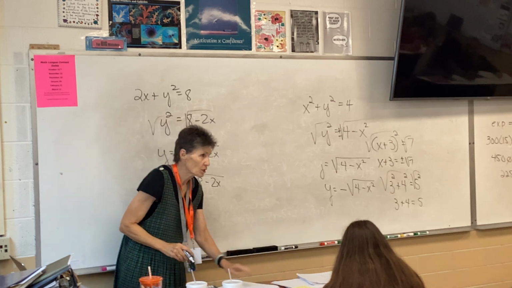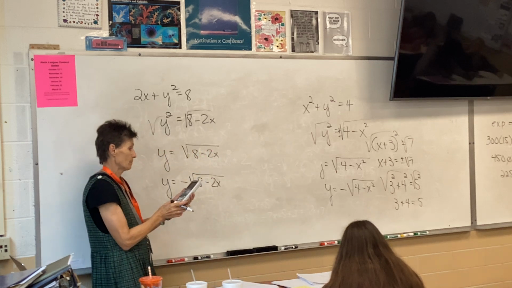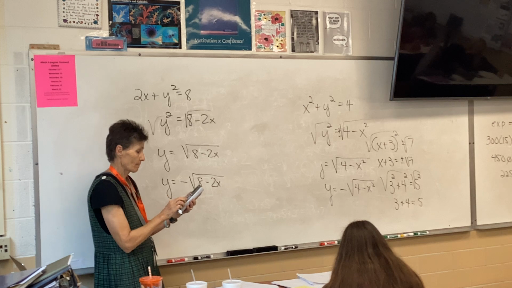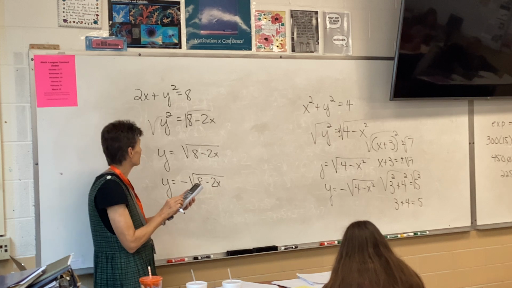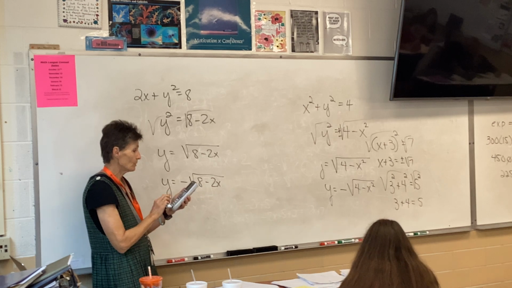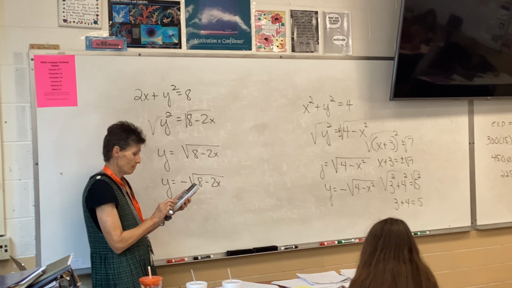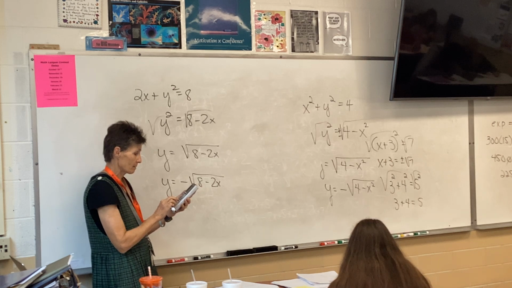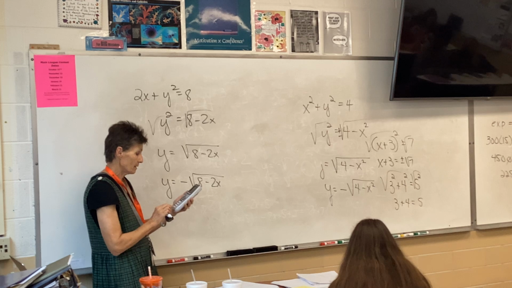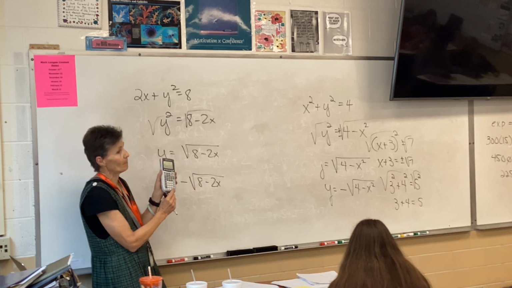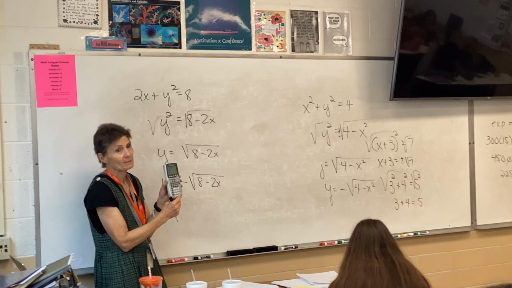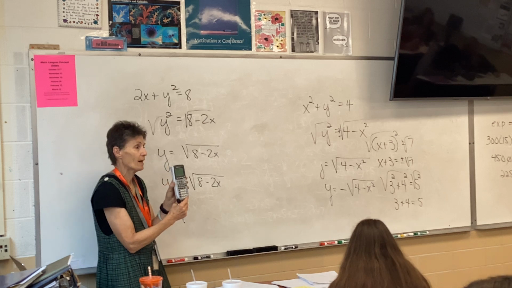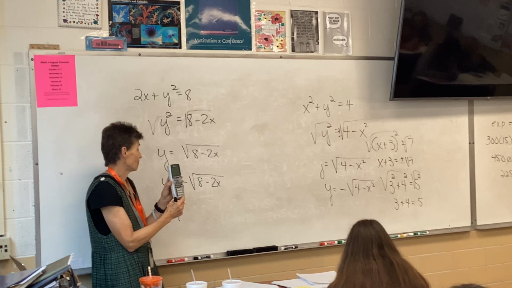Now let's see what shape these are. So square root of 8 minus 2x, and negative, and remember to use your negative button. I know I already said that, but this is one of the biggest errors we have. You have to use the negative button.